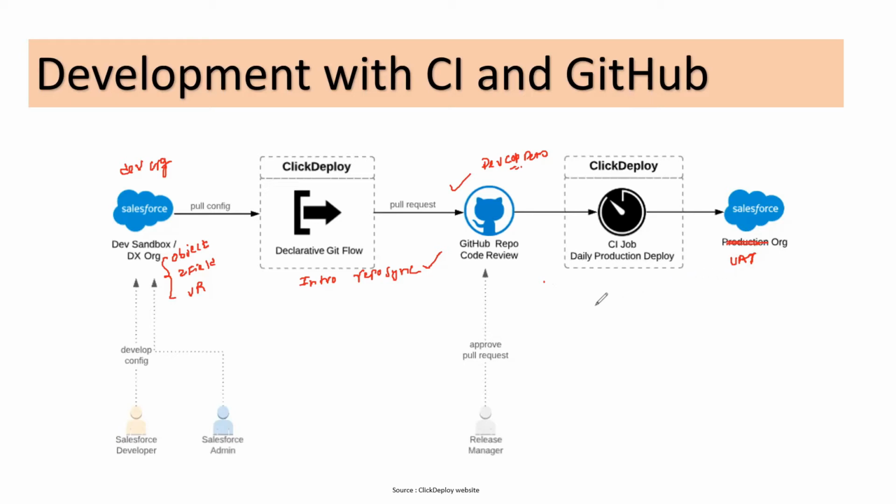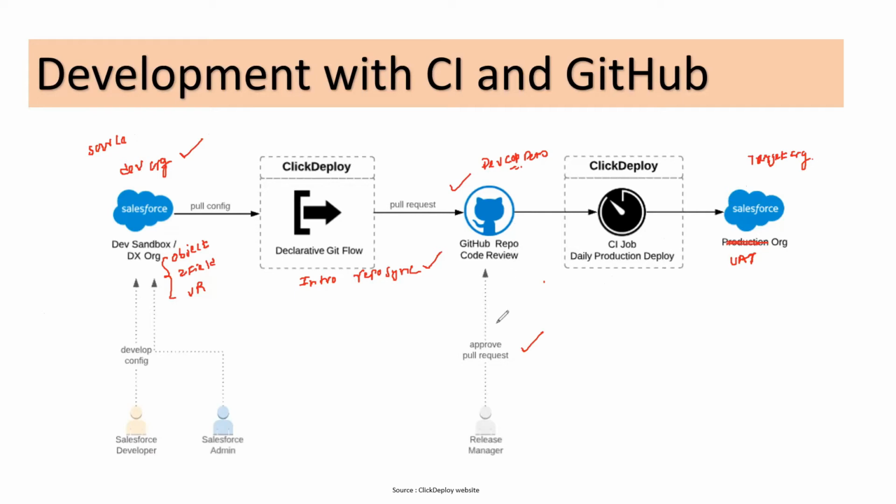So once those changes are there, you can basically get it approved. You can merge it to the main branch so that the CI job that we have configured in Copado would pick up those changes and deploy it to the destination org. So you can think of this as your source org, and this is the destination org or the target org. So what we are doing here is once your changes are done in your source org, you would do that sync so that your changes from your org are moving to your GitHub repository.